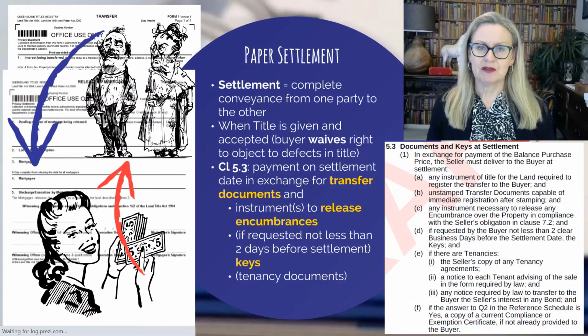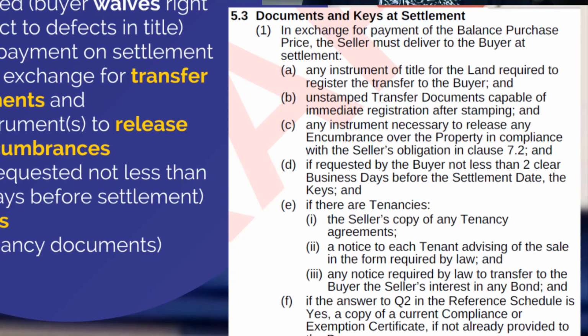Clause 5.3 of the standard terms for the houses and land contract talks about settlement in the more traditional sense. So it speaks of payment on settlement date in exchange for the transfer documents and instruments to release encumbrances. And underneath the little man there, you'll see I've got a release of mortgage. Also, this is the time for a handover of keys if they have been requested with sufficient time.